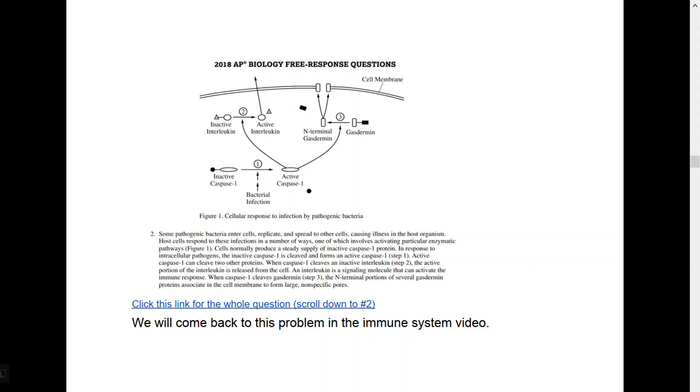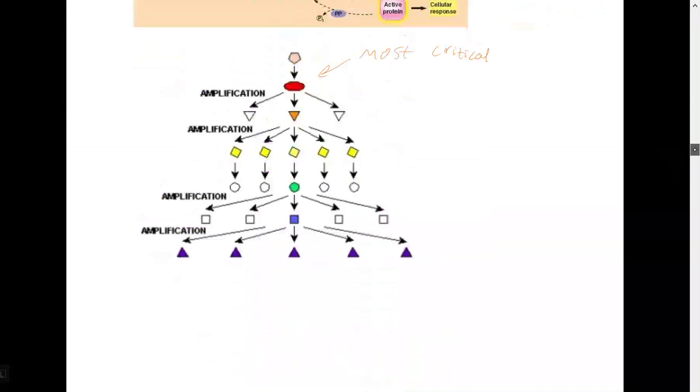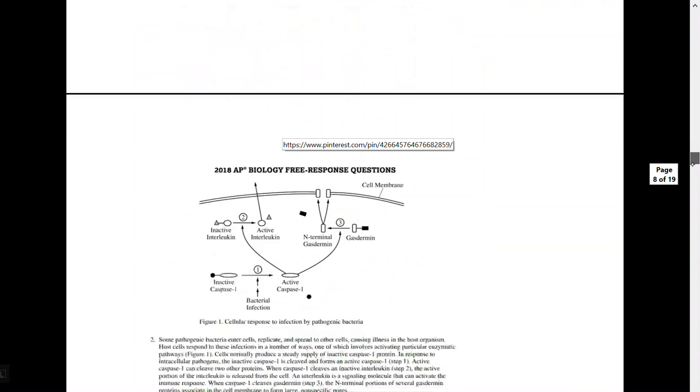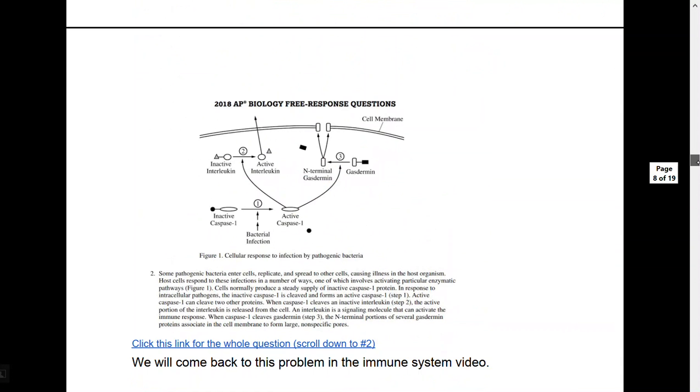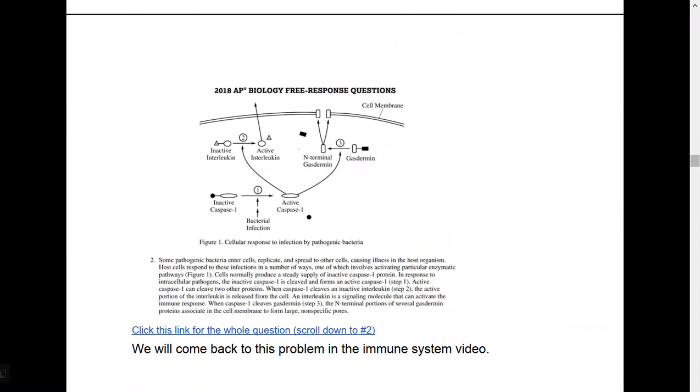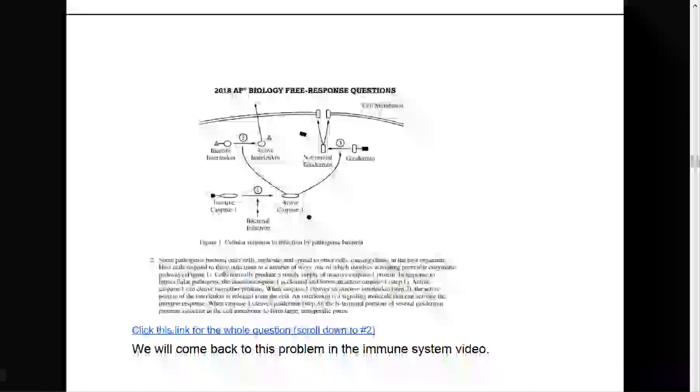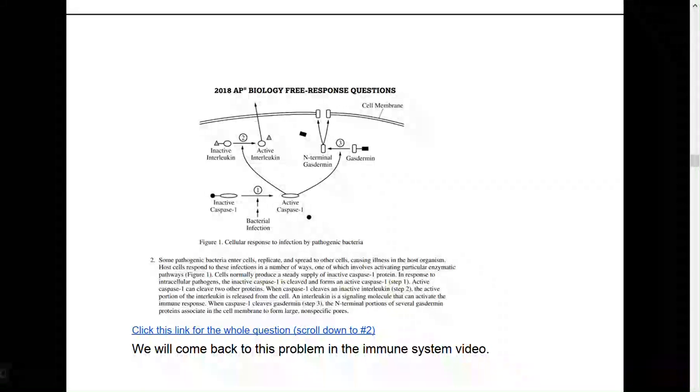And what that does is this is a form of amplification, but instead of it being like this, where it just has a bunch of things happen, these are all the same, this cleaves into 2, and it causes 2 distinct things to happen. It causes the pores to open up, and it also causes the release of interleukin.